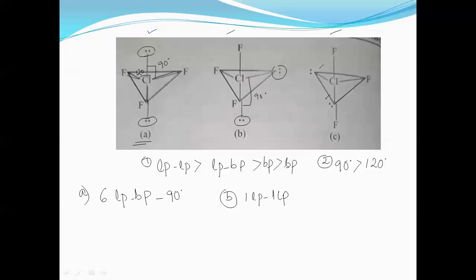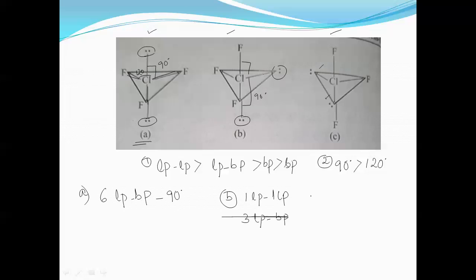How? When you look at this, this is at 90 degrees with these 2. So 1, 2. And again, there is a repulsion in between this and this. This is also 90 degrees. So total 3 lone pair bond pair repulsions.